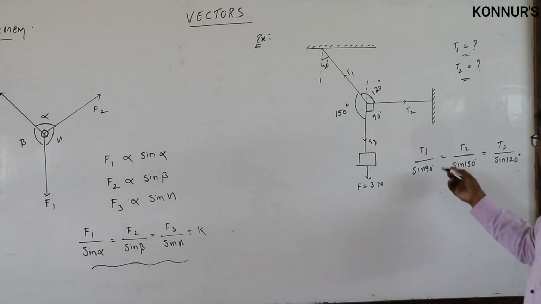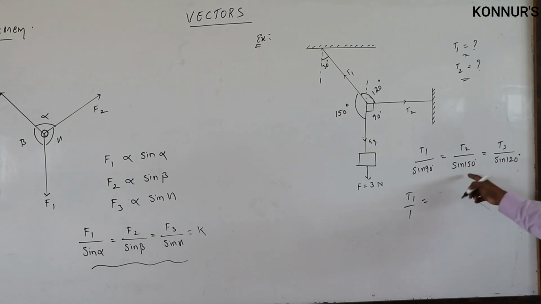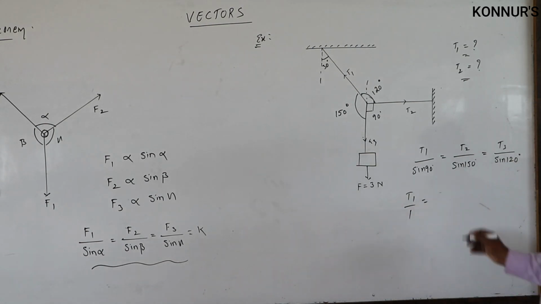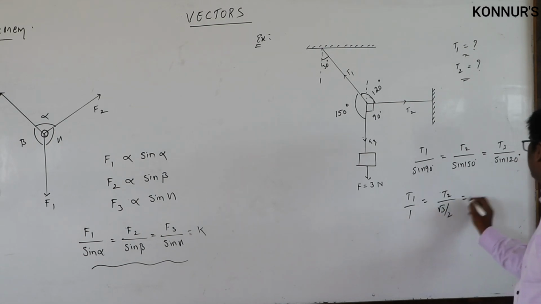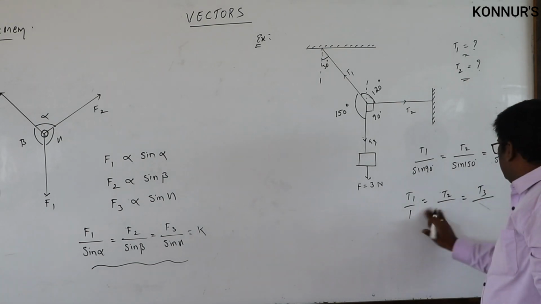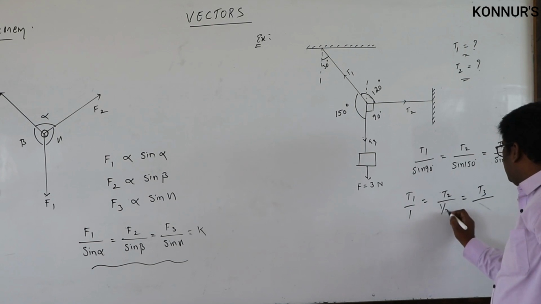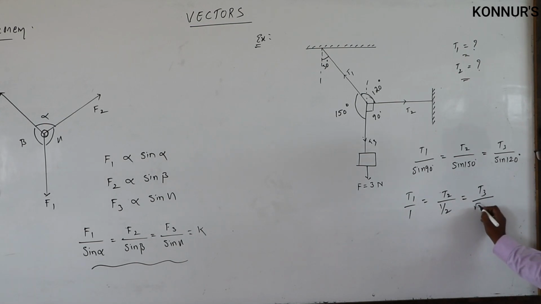Then we can find T1 and T2. T1 by 1 equals, sine 150 means cos 60, which is 1 by 2. That is equal to T3 by sine 120, which is sine 60, and cos 30 here is root 3 by 2.